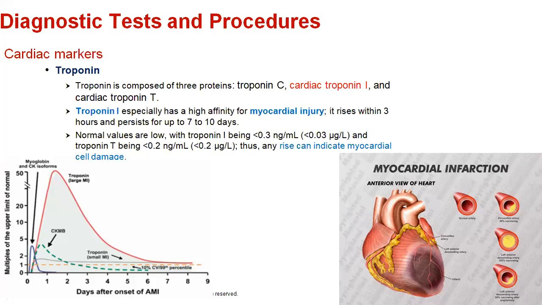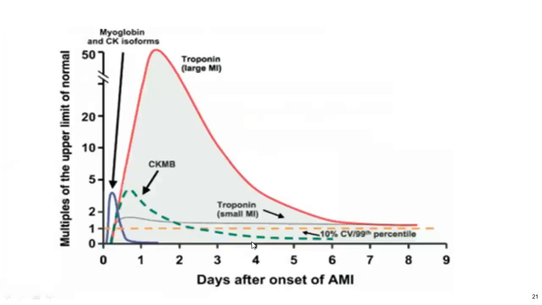So troponin T should be less than 0.1 nanogram per liter. If myocardial ischemia develops, troponin T is elevated for 10 to 14 days. So troponin I is elevated for 7 to 10 days, but troponin T is elevated for 10 to 14 days.